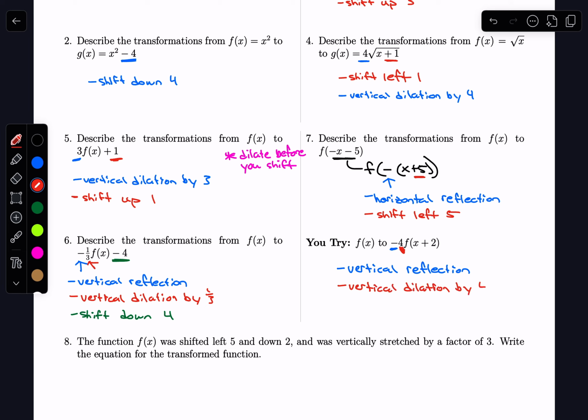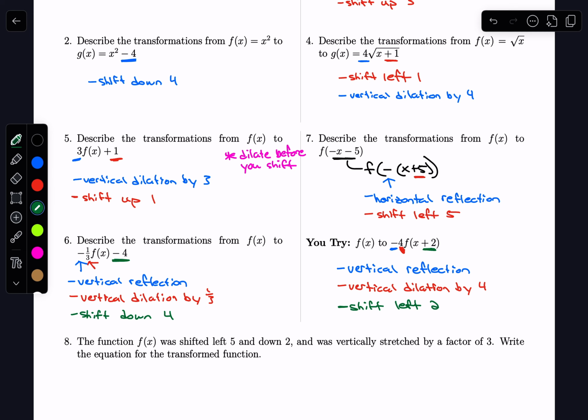And then in the back, we have a plus 2, but the plus 2 is inside of the parentheses. It's attached to that x inside the parentheses. And so it's a horizontal shift. And whenever it's horizontal, remember, it works opposite of what you might think. And so plus 2 is a shift left by 2.